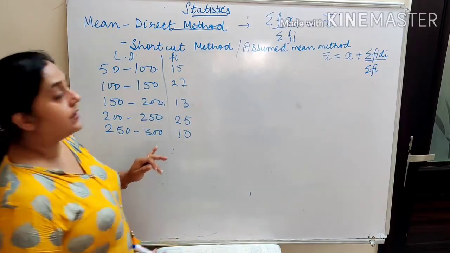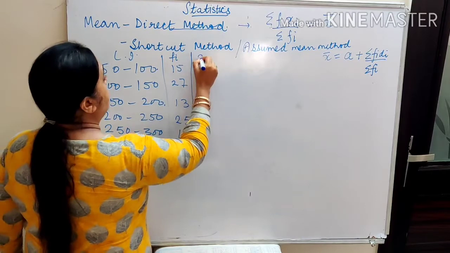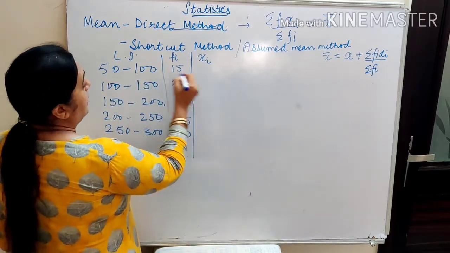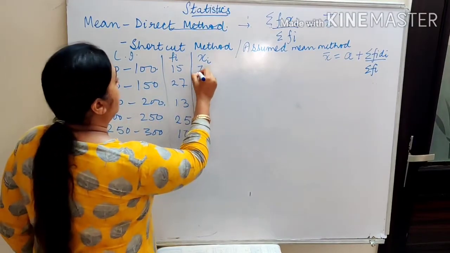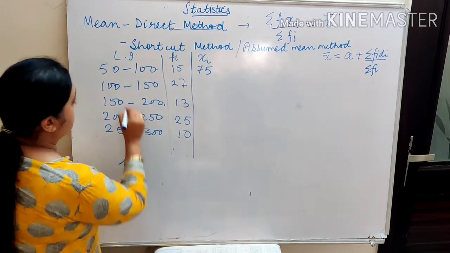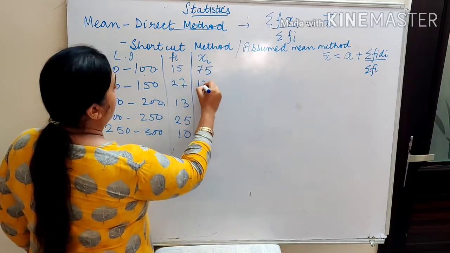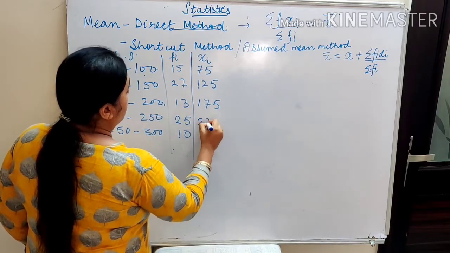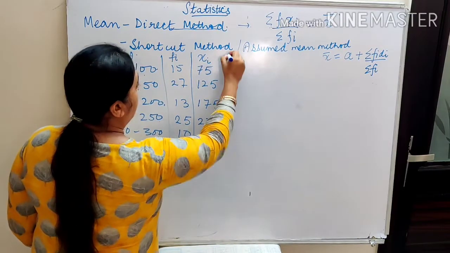Whatever you want to take, you can take, or it is given in the question. So what is the first step? You will find xi. 50 to 100, that is 150 upon 2, that comes out to be 75. In this also h, your class size, is 50. So just you add up, you have 125, 175, 225, and again it is 275.